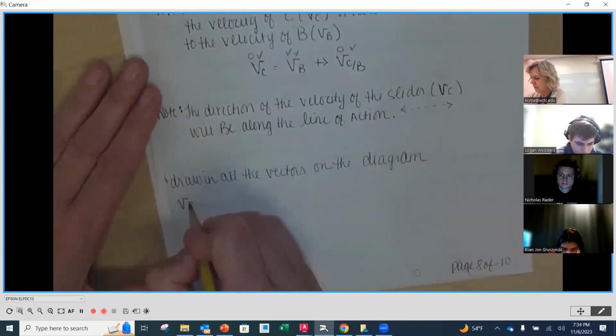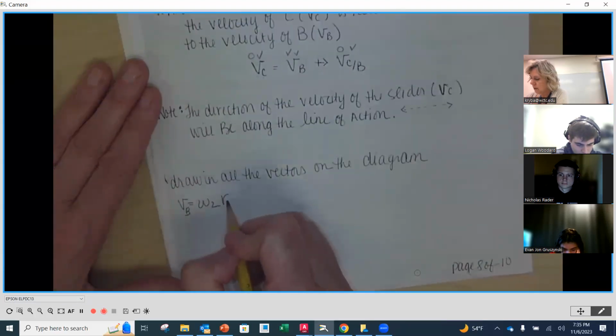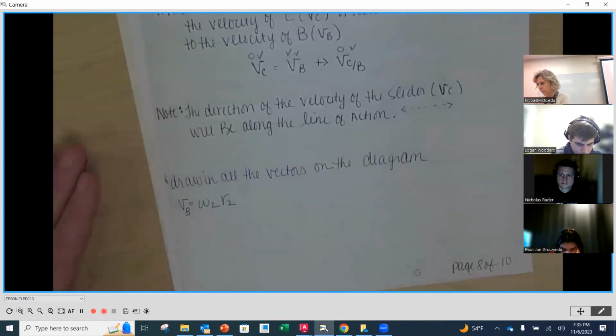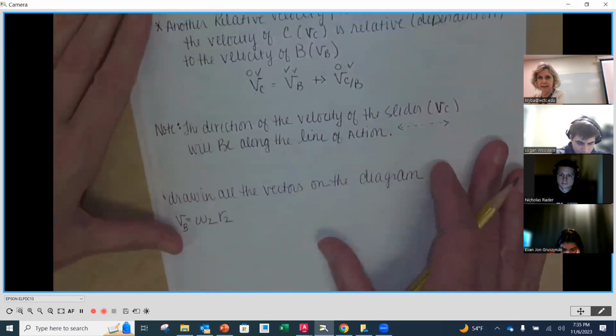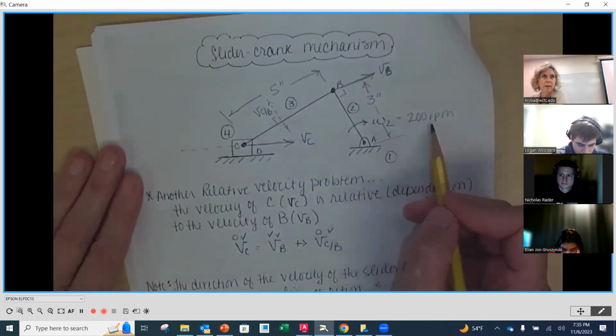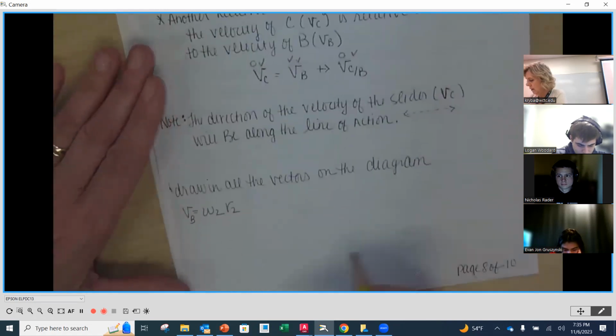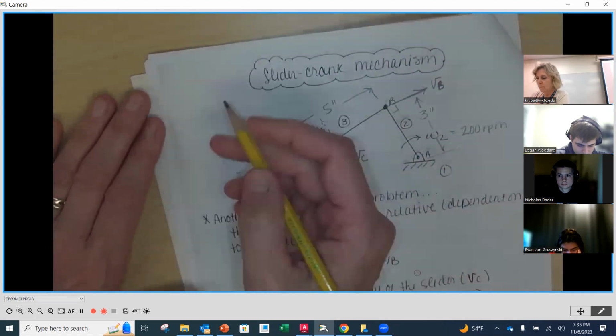My velocity of B is going to be equal to W2 times radius number 2. Now, W2, given in the problem, says that it's 200 RPMs. We can't use that. We need to convert that to radians per second. I don't have a lot of room down here, so I'm going to do my conversion up over here.